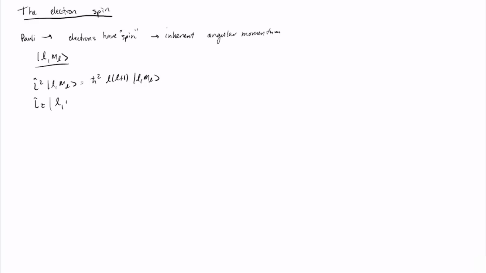So Lz applied to |l, m_l> is equal to ħ m_l times |l, m_l>. And also what we know is that l can take allowed values from 0, 1, and so on up to infinity. And the allowed values for m sub l depend on l, and they go from minus l, minus l plus 1, and so on up until you get to l.